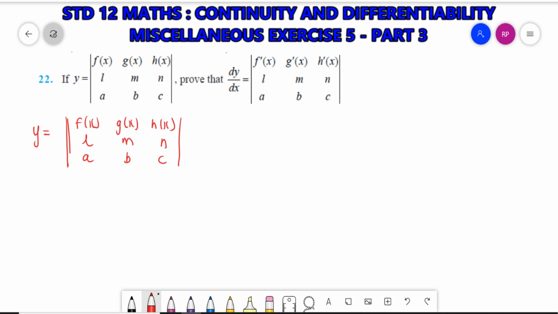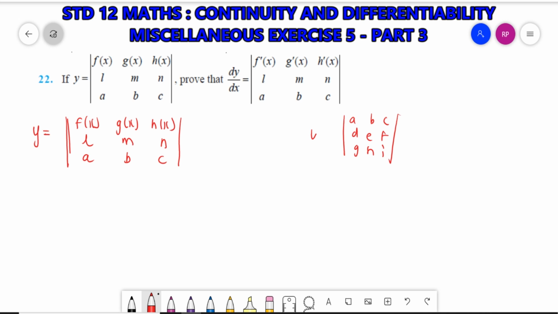a, b, c. Now see, whenever you are differentiating a determinant, how do you need to differentiate it? First, let's see if there is a determinant like a, b, c, d, e, f, g, h, i.